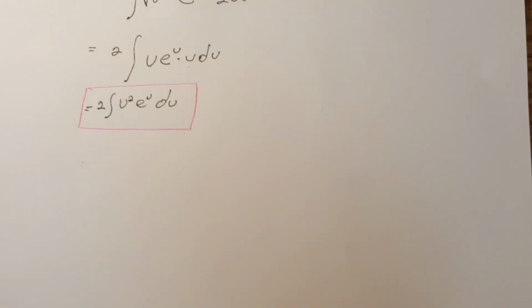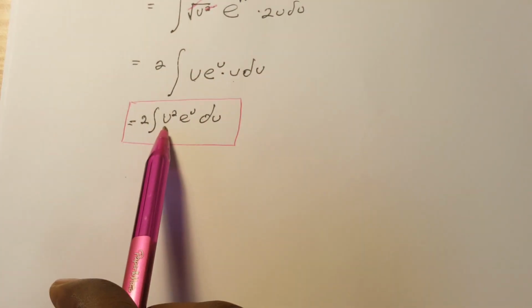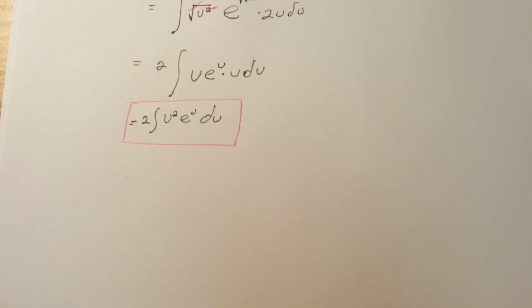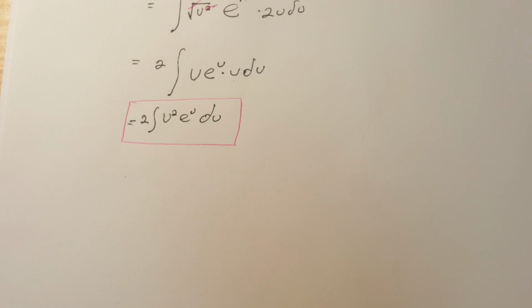What you should notice is we have two things multiplying: the u squared multiplied by the e to the u. So the best thing to come into your mind is integration by parts is going to work on this guy right here. So we're going to try integration by parts.